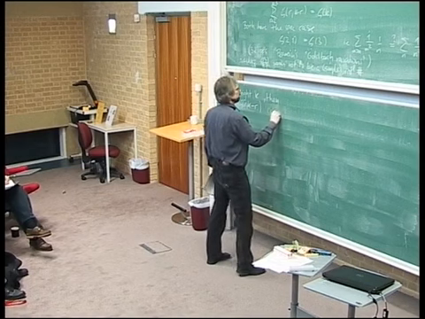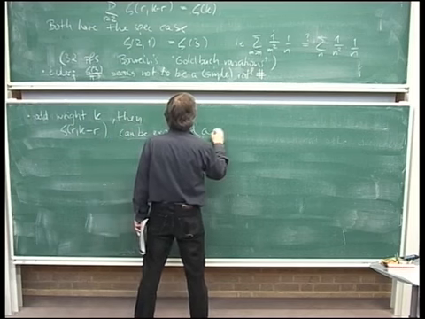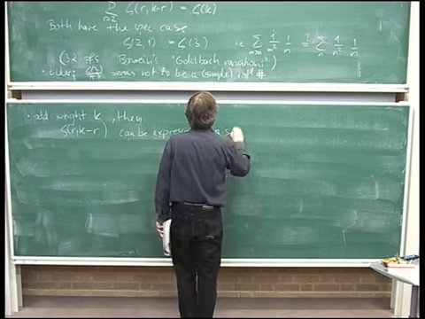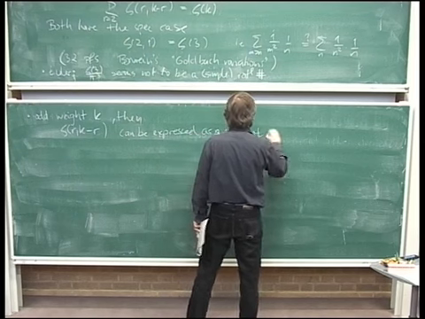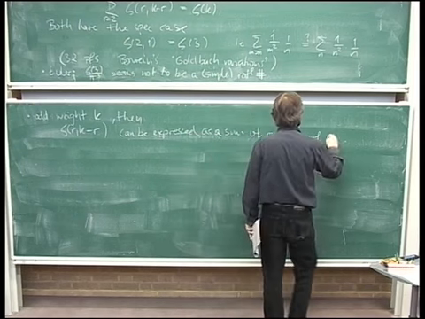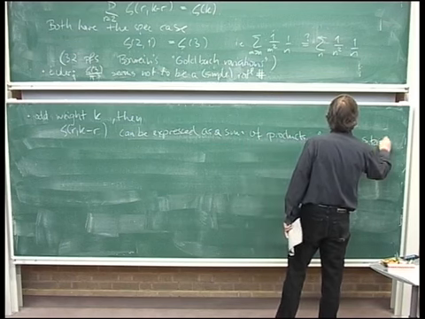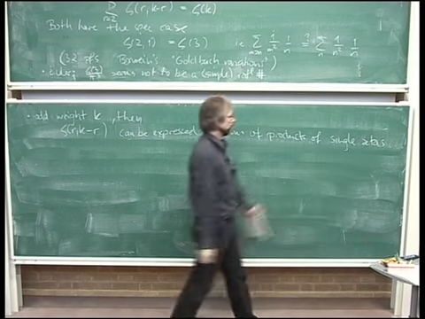It can be expressed as the sum of products of zetas, of single zetas, so single meaning depth 1.